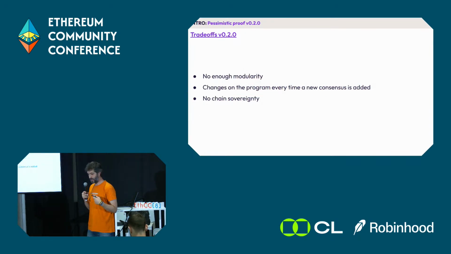It means that the chain cannot choose whatever it wants in order to move from the initial state to the final state. And this is problematic because the chain depends on us. So we provide, in this case, ECDSA, and maybe we will add another consensus type, and the chain needs to choose between one of them. That's not modular enough, and does not give freedom to the chains.